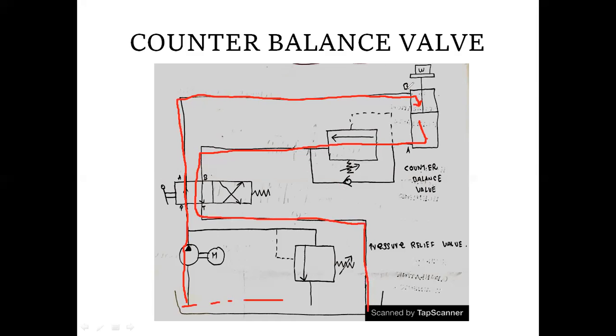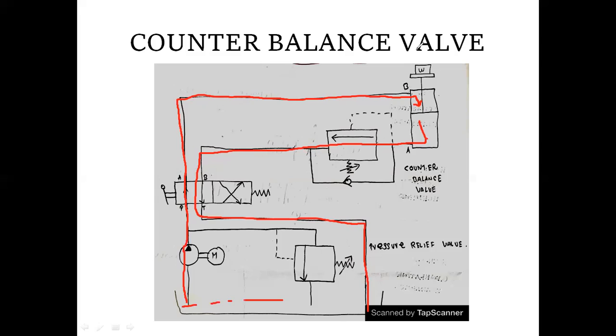So the inlet is from P to A, and the outlet is from B to T. This is what we see in the first position. The inlet is from P to A, and the outlet is from B to T. So it goes to the oil sump as it is. So this is the first position.